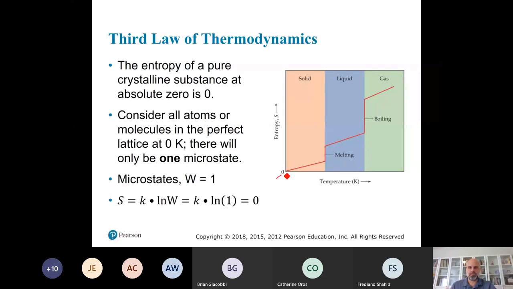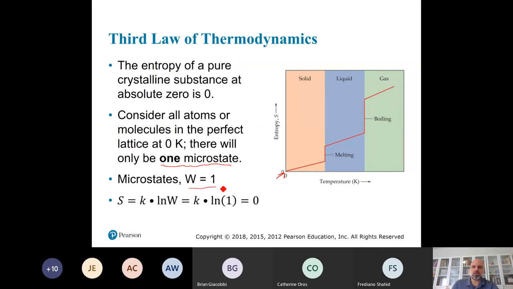At this point, entropy is zero. There are zero vibrations, there's zero translations, there's no stretching, no rotations, nothing going on. So for all atoms and molecules in a perfect lattice at 0 Kelvin, there will be only one microstate. So at absolute zero, there's one microstate.